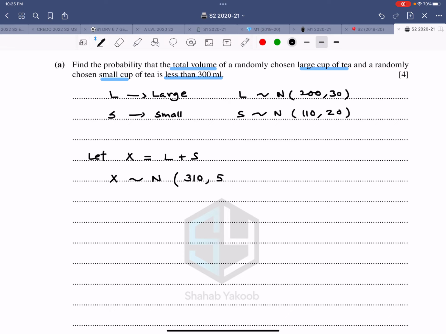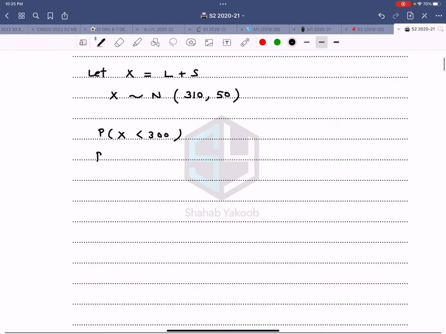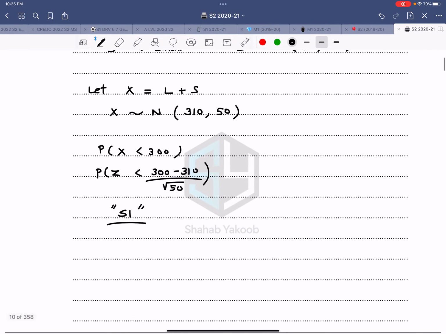Remember, the rule is about variance. So probability X is less than 300, probability Z is less than 300 minus 310 divided by square root of 50, and then knowledge of S1 normal distribution is assumed and you know how to do the working.